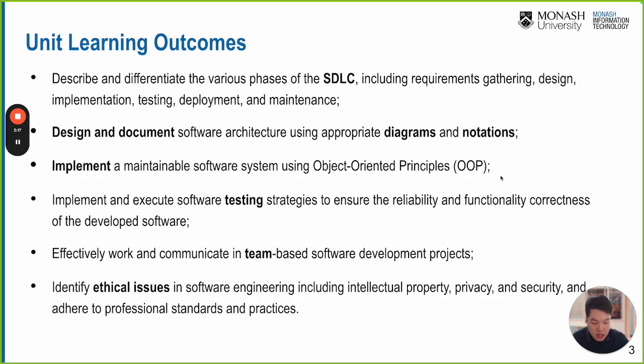All right. So for this unit, these are the unit learning outcomes. Basically, we want to ensure that by the end of the unit, everyone will be able to understand and describe the software development life cycle.